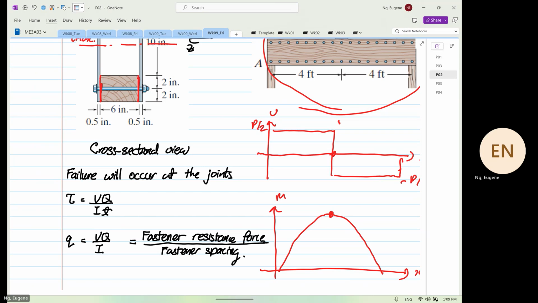Okay. Fastener resistance force divided by fastener spacing. The units on the left hand side are Newton meter cubed over meter to the fourth. You cancel to Newton per meter. Fastener resistance force in Newton divided by what? Divided by meter.